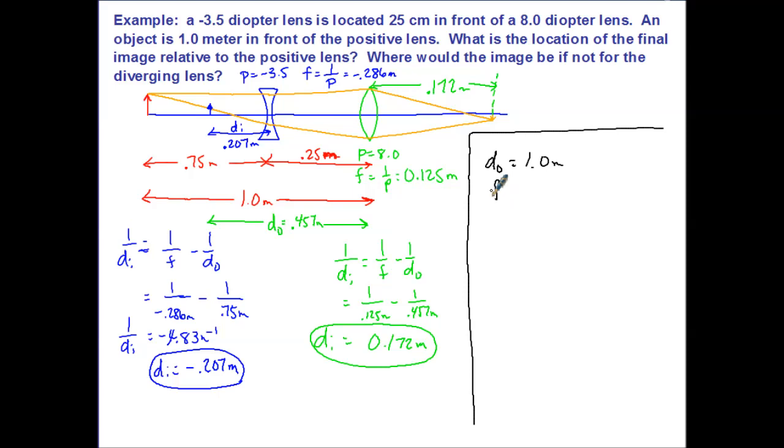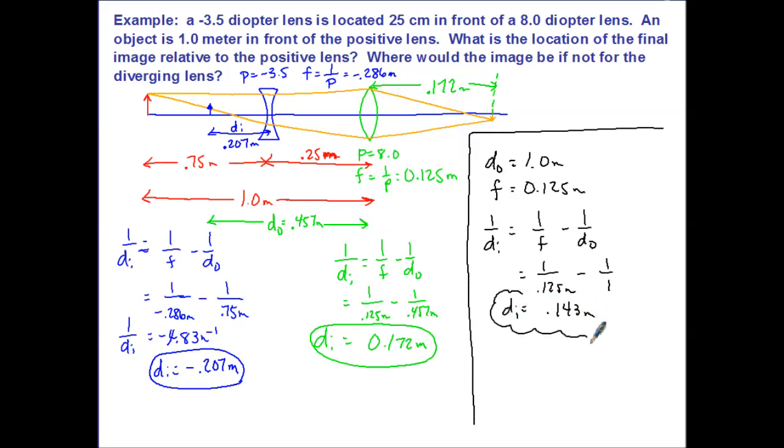Okay, and F again is still the 0.125 meters. So if I wanted to find DI using this case, it'd just be the same math that we did before, with just some different numbers. So 1 over 0.125 meters minus 1 over 1. So there we go. And so DI there would be about 0.143 meters. Okay, so that's where the image would have been created if it wasn't for that divergent lens.